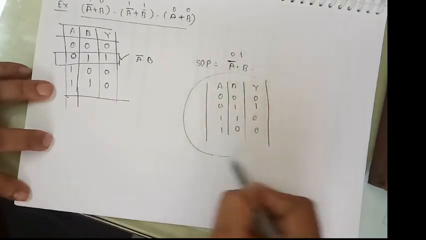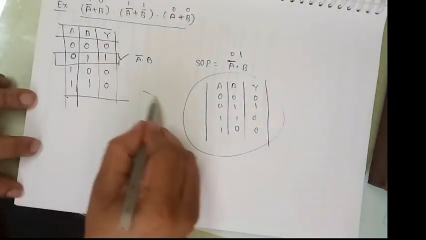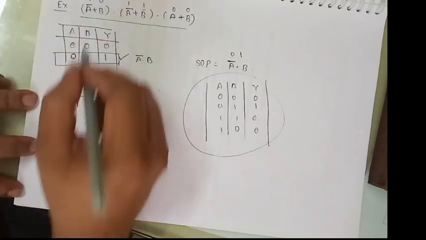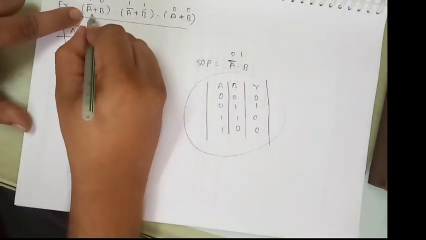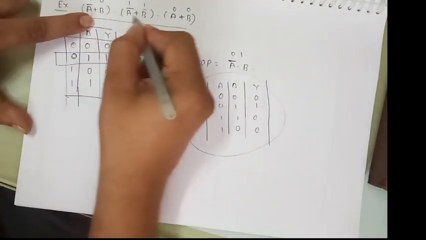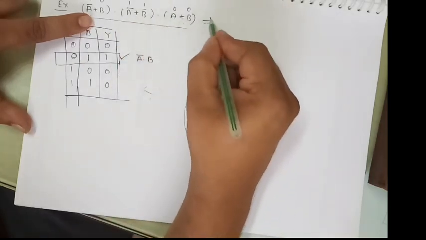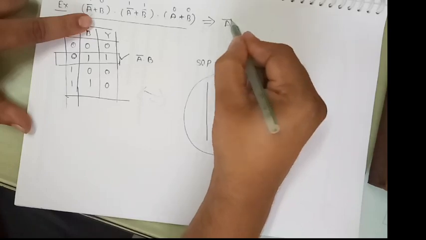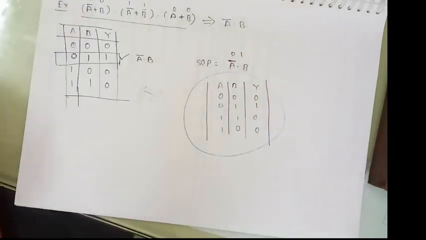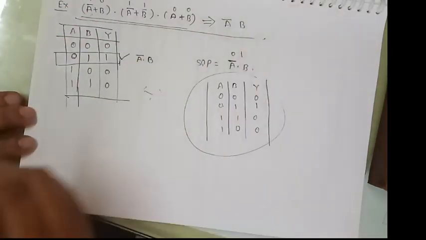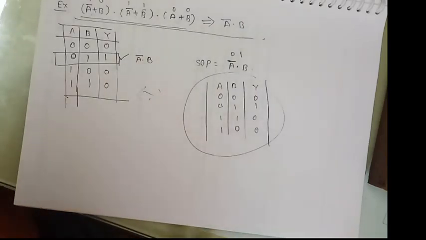Now see this table and this table, both are equivalent. So our POS equation A bar plus B into A bar plus B bar into A plus B is converted into the SOP A bar into B. So this is all about the conversion of POS to SOP.